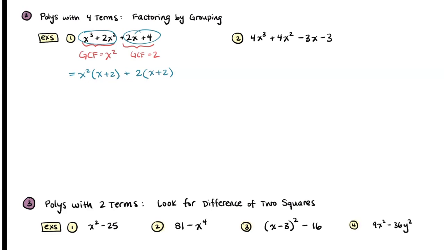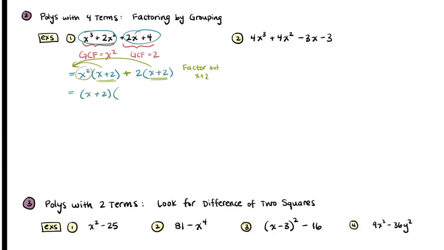The very last step to factor by grouping is to factor out, in this case, the x plus 2 over this plus here. So the x plus 2 is going to come out to the front, and it's going to be multiplied by what's left over.